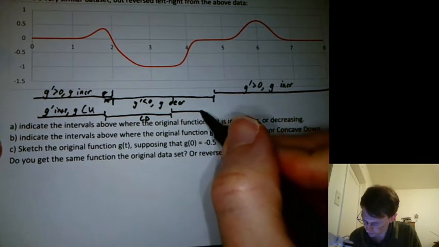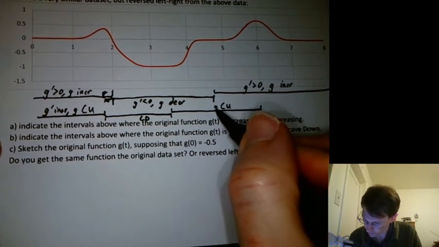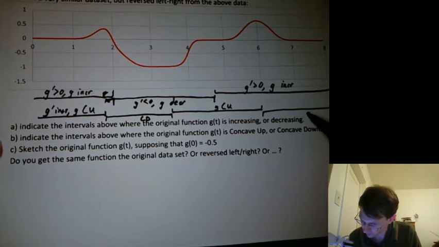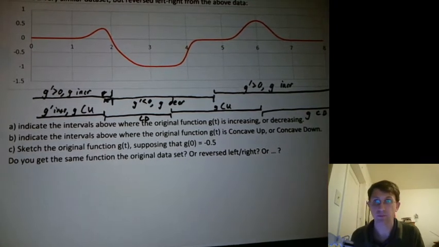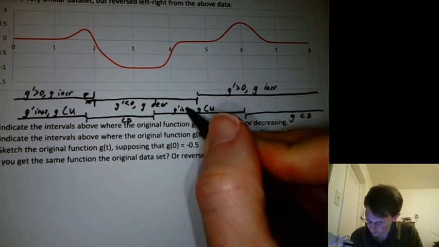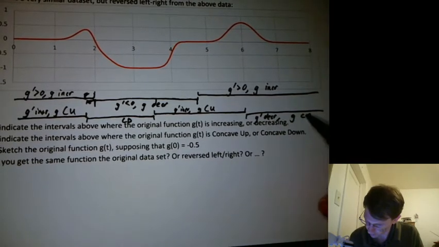From here all the way over to here, concave up. And then from here on out, g is concave down. G prime increasing like that, g prime decreasing, so g is concave down.